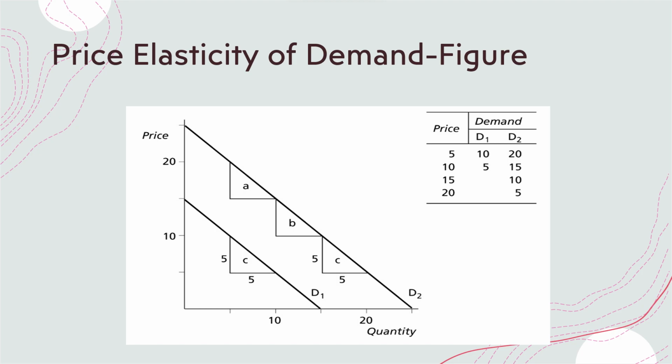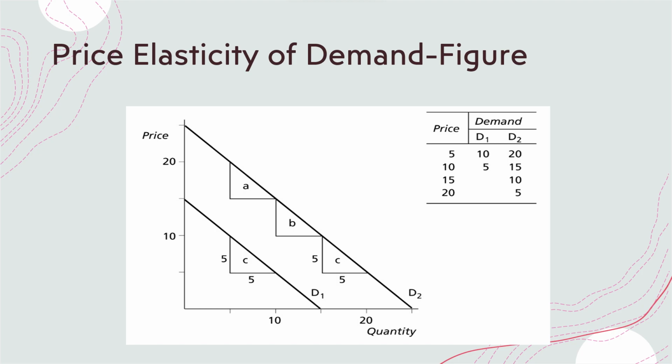The coefficients for the same range of D1 and D2 in the figure are calculated for a price fall, that is triangle C. For D1, that is triangle C, the quantity demanded increases from 5 to 10, that is plus 5, as the price falls from 10 to 5, that is minus 1 over 2. Elasticity is therefore calculated as 5 over 5 divided by minus 1 over 2, that is minus 2.